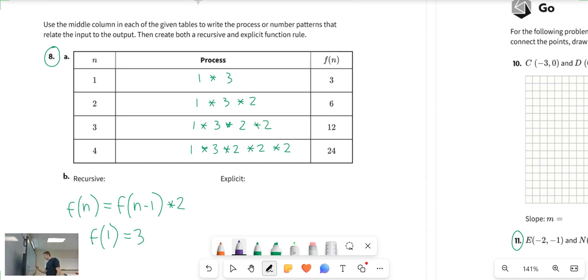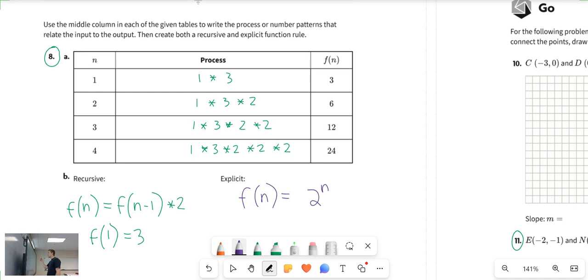And then we'll switch for explicit. This one's going to be a little bit more challenging, but we'll do f of n equals, and now since it's the previous value being doubled, that's going to be a 2 to the n. But it looks like it's actually a little tricky because it starts at 3. If it started at 2, we would just leave it as 2 to the n, because when n is 1, that would make it 2, so that would work out.